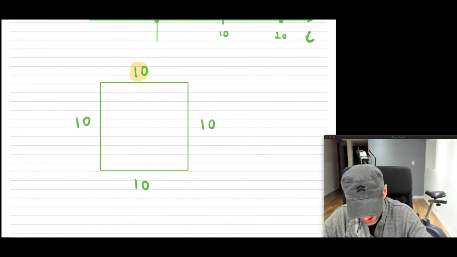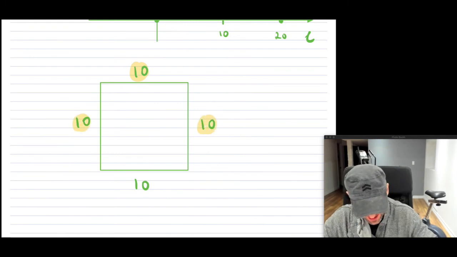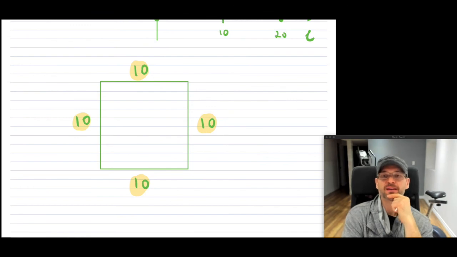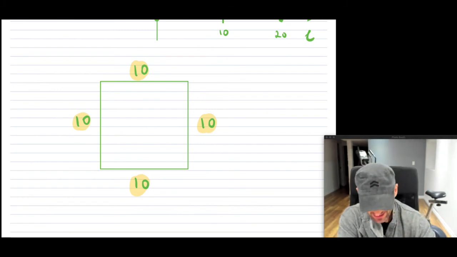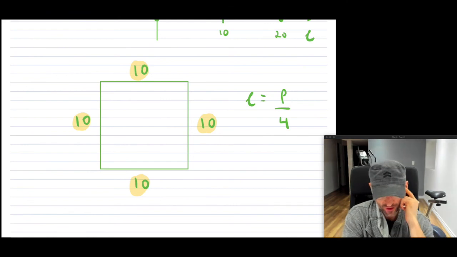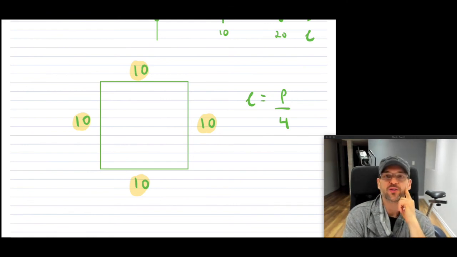So it turns out that in order to maximize your area given a perimeter, and you can try it with many other perimeters, the maximum length is going to be whatever the perimeter is divided by 4, meaning all the sides are equal. So a square maximizes the area.